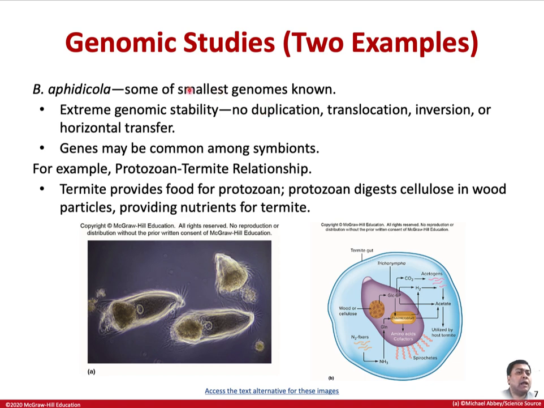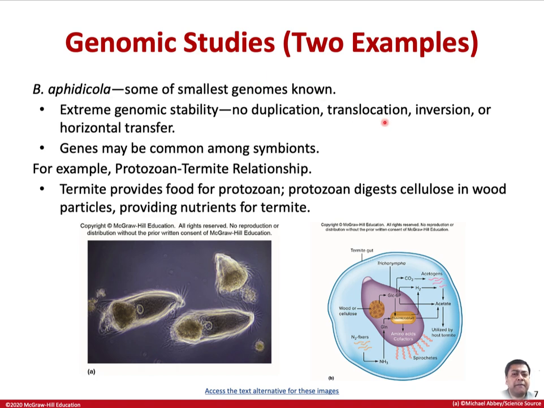On the other hand, B. aphidicola gets a safe haven, with food as well as shelter, in these aphids. And it is interesting that the genome of these bacteria is very small, about 0.65 megabase. And this aphid and Buchnera aphidicola relationship can be traced back almost 150 million years.